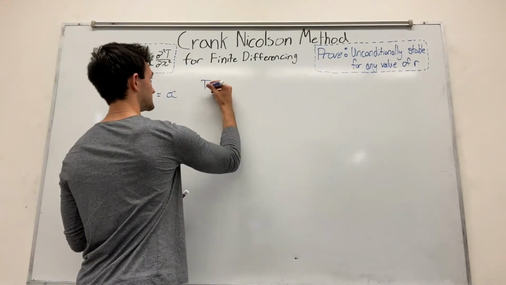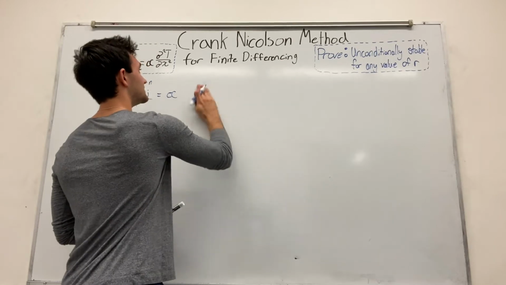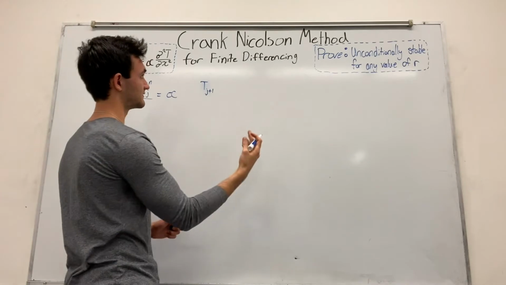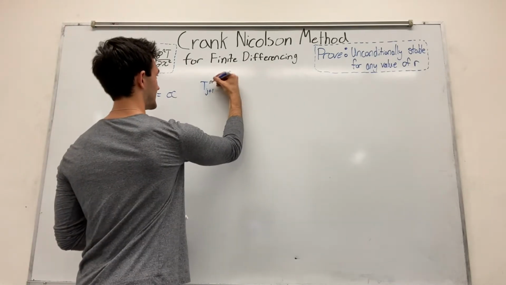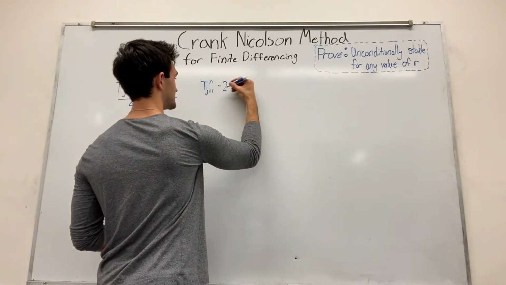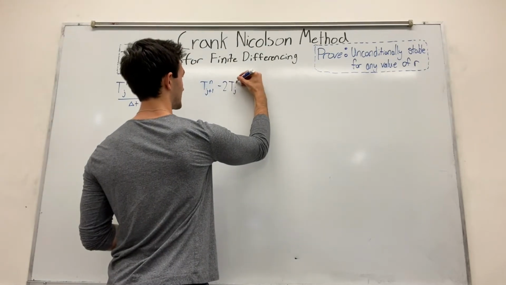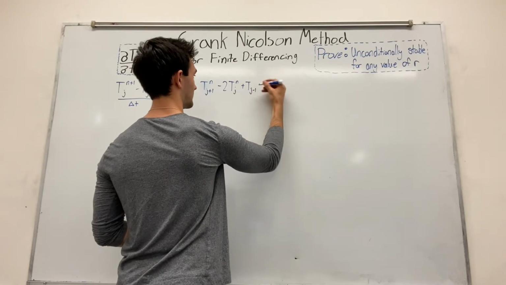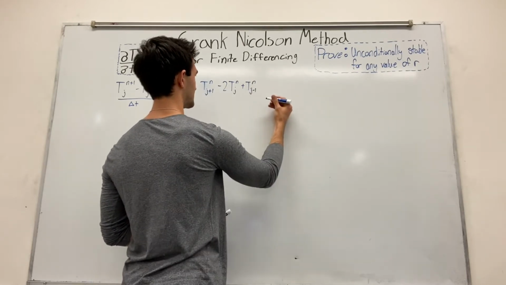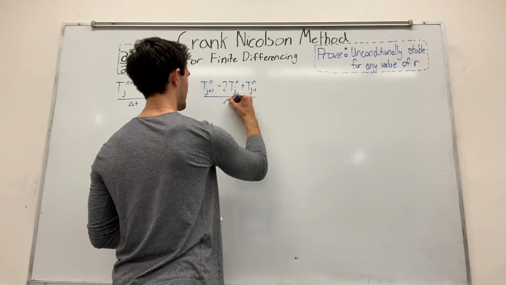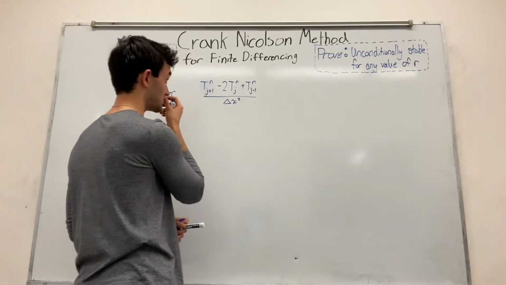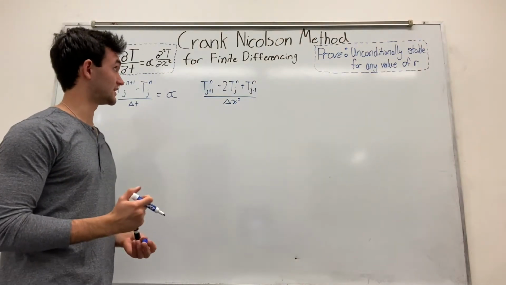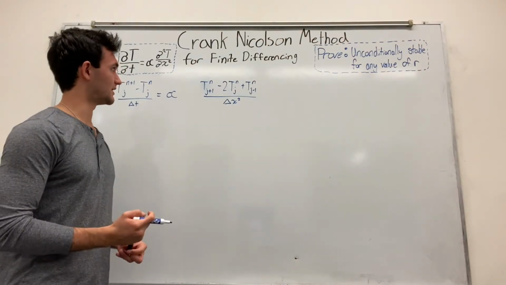So we have the temperature of the block in front, Tj plus 1 at the current time, minus 2 times the temperature of the block of interest, plus the temperature of the block to the left at the current time, all over change in position squared. If you don't remember how we got this, check out the previous video, I think it's 2 videos prior, where we actually derived it.